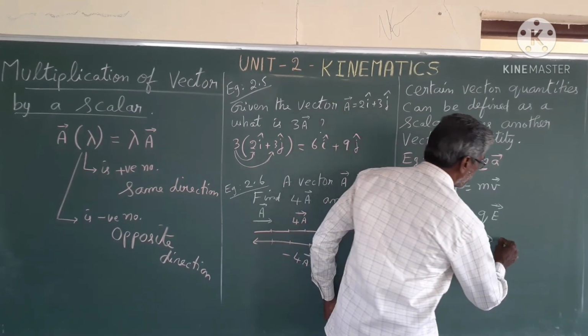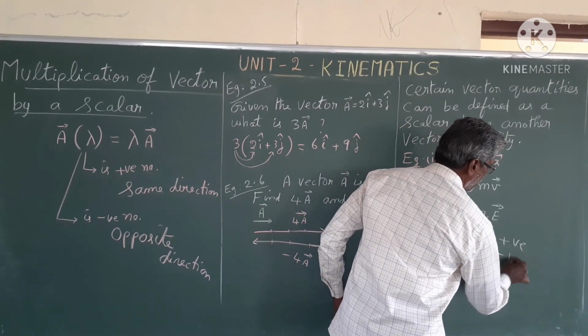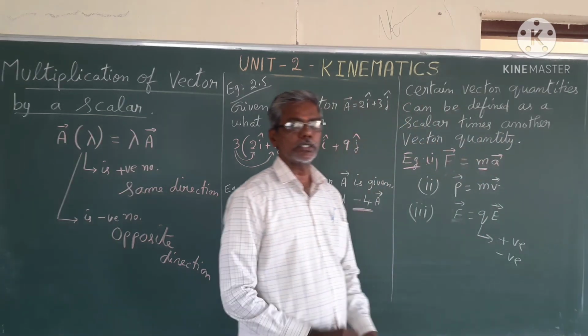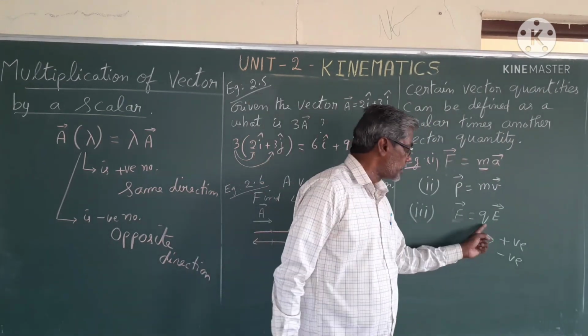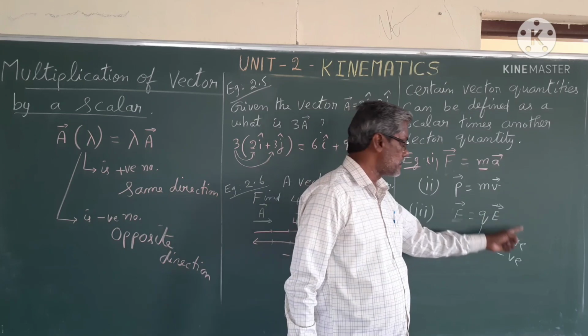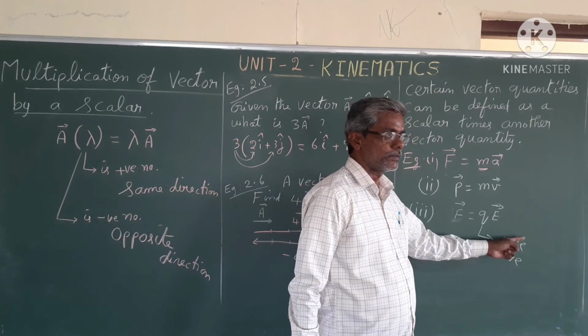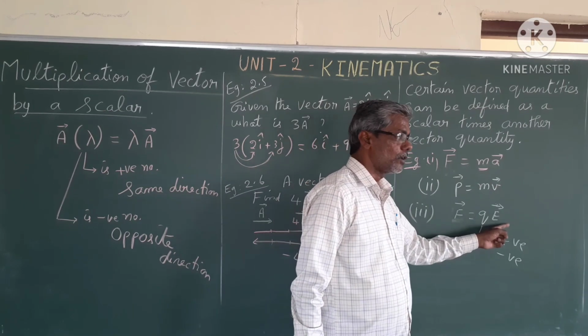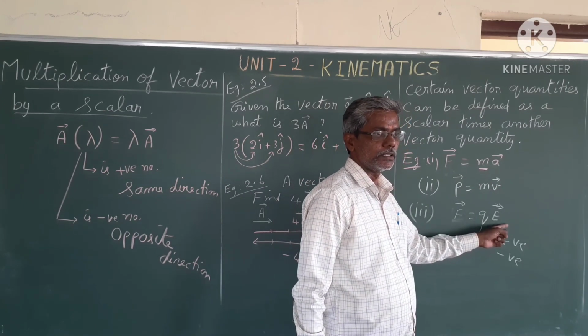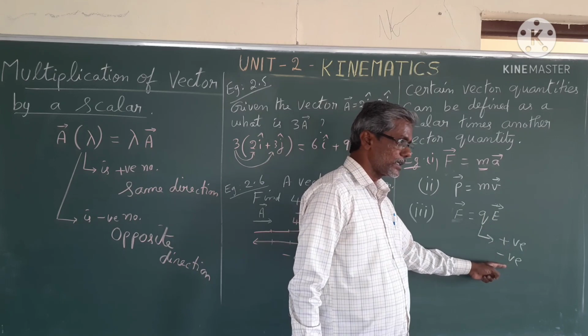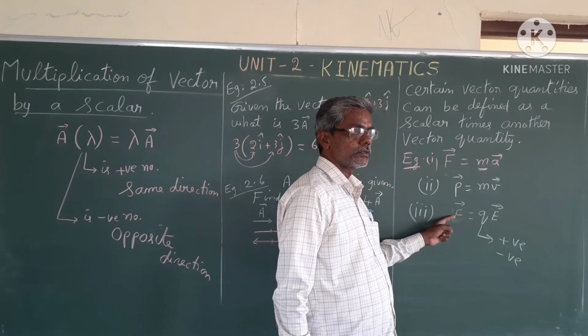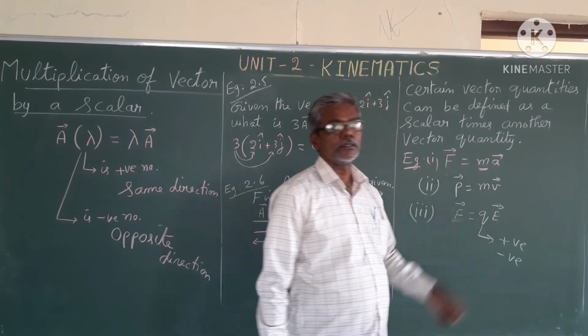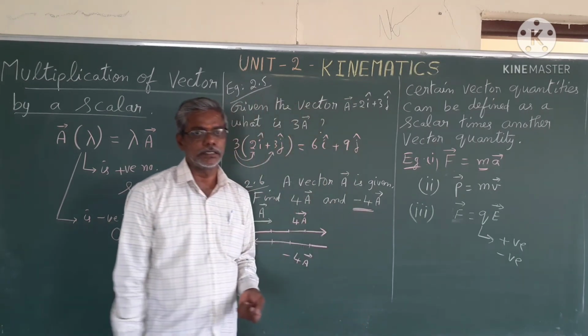The charge may be positive or negative. If Q is positive, then force moves in the same direction as that of E vector, that is electric field. Suppose if Q is negative, the force moves in the opposite direction to that of electric field. Okay.